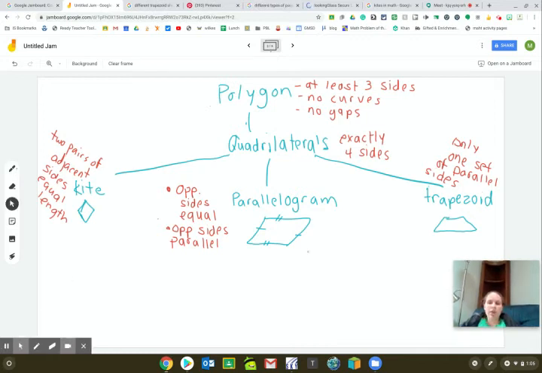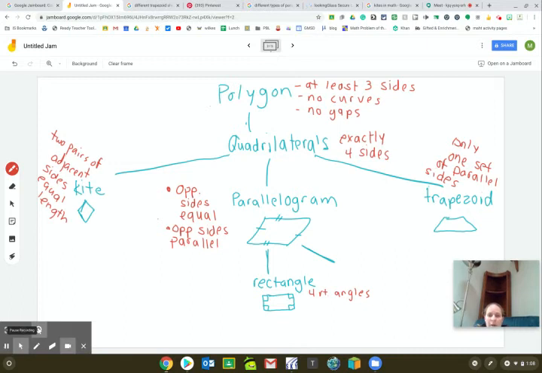Now, just like with our animals hierarchy, where we can split a mammal and a reptile into more specific categories, we're going to be doing that with parallelograms because there are special types of parallelograms, in other words, quadrilaterals that have opposite sides that are equal and opposite sides that are parallel, but that are set different than one another.